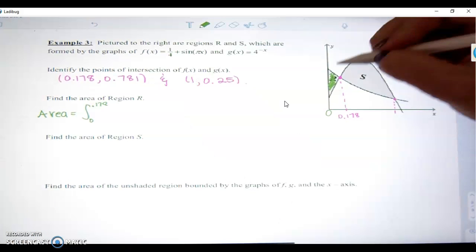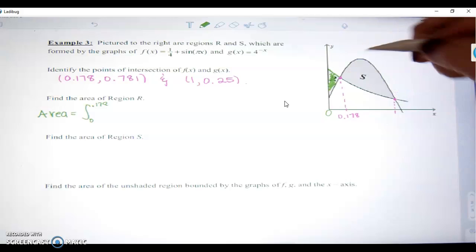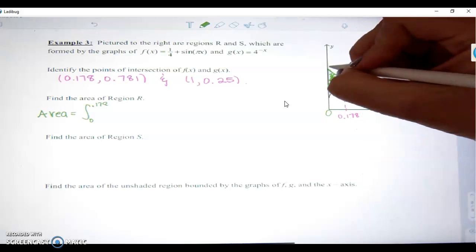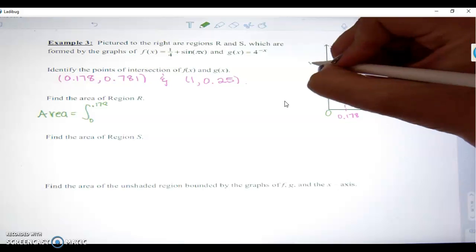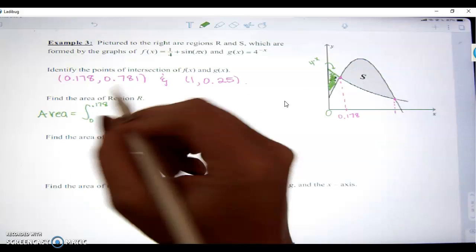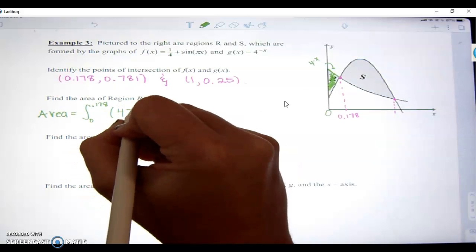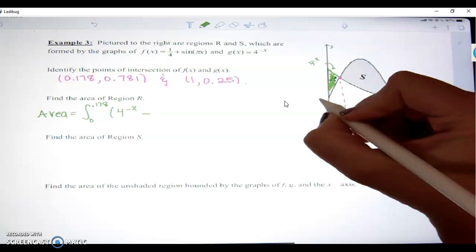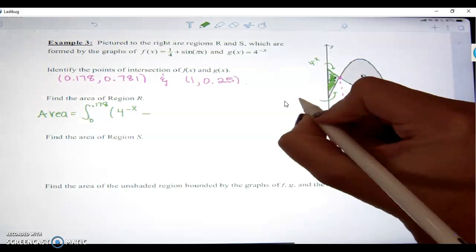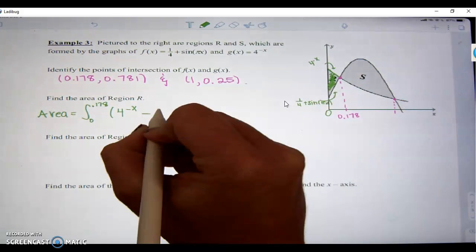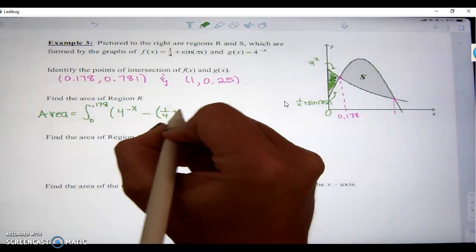Now, the graph that is on top here, this is my 4 to the negative x graph. So that's on top, so we're going to need to make sure that we put that first. And then it's always minus, and then the other graph that we have here is our 1/4 plus sine of pi x. That's on the bottom, so we're going to make sure we subtract that.